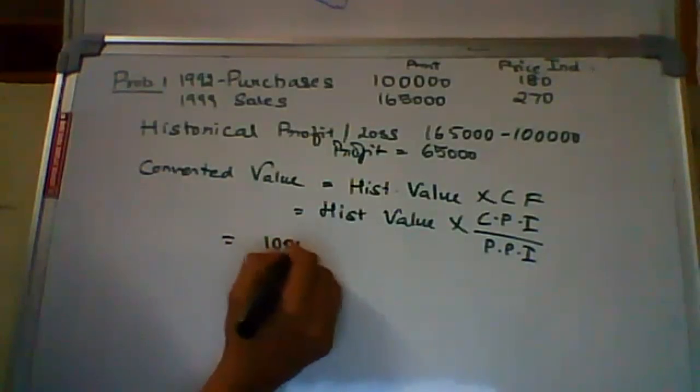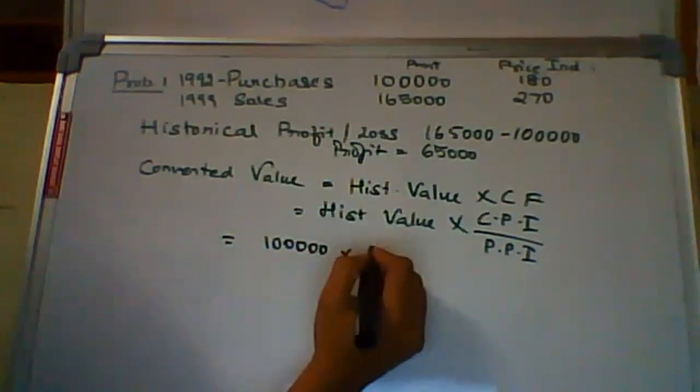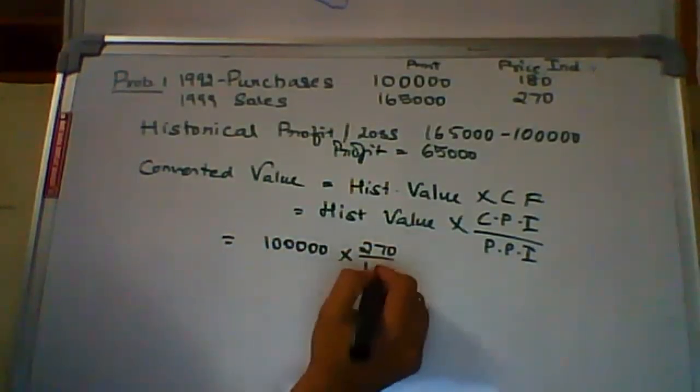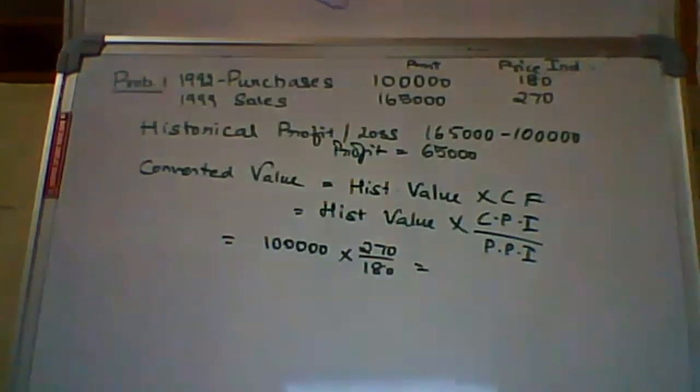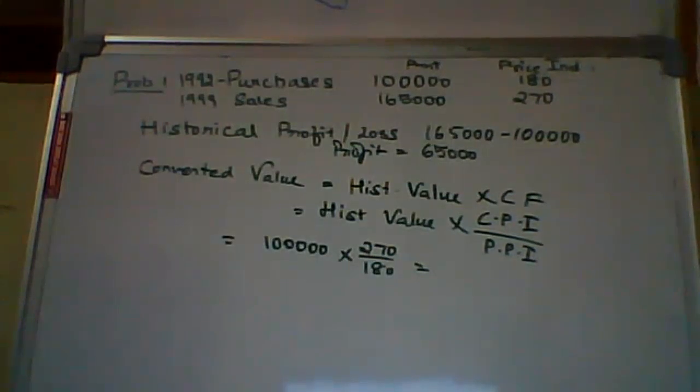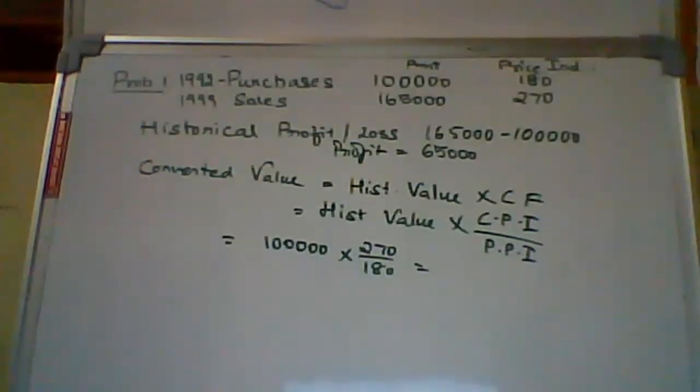So when I take 1 lakh into 270 divided by 180, what I am trying to find out is what exactly is the value of that 1 lakh as on today. And then I will decide how much is the profit or the loss which I am getting.